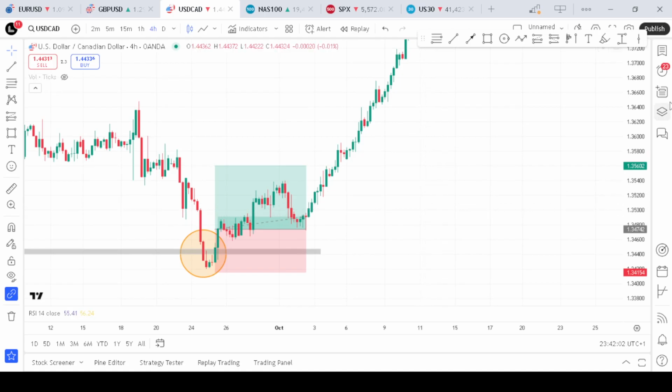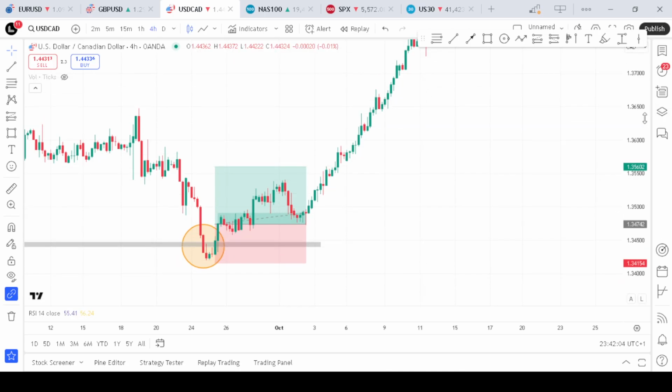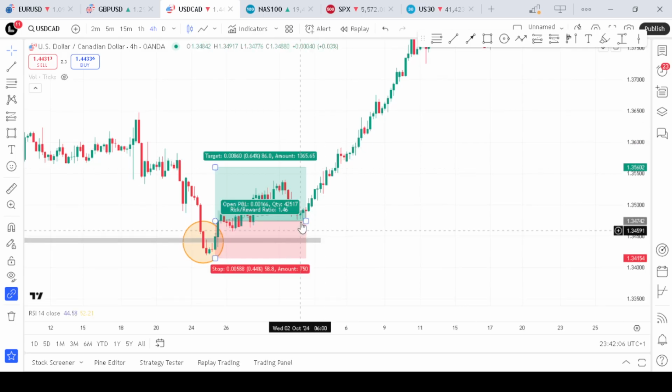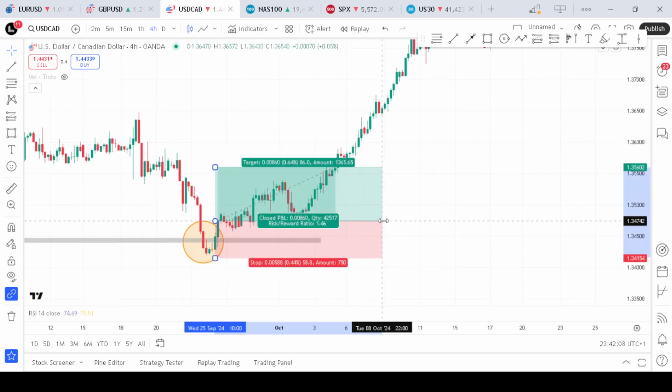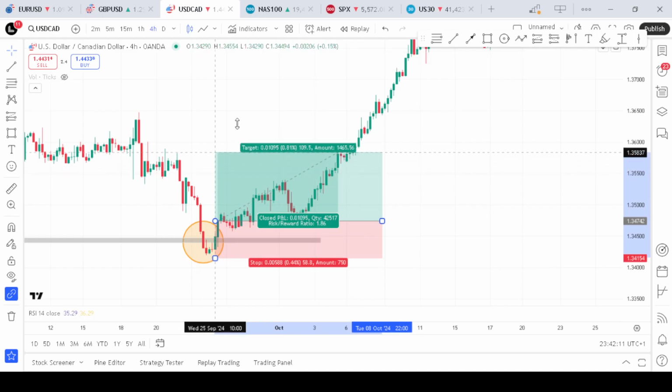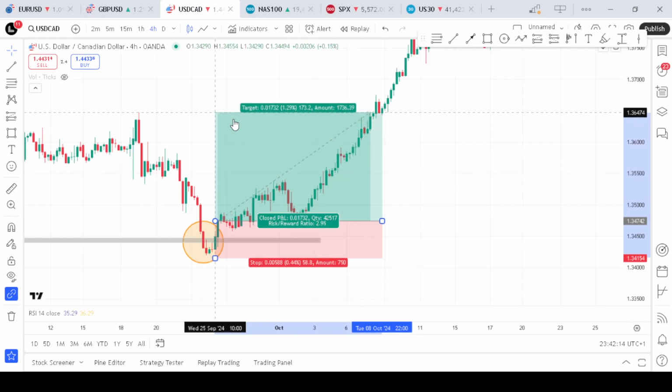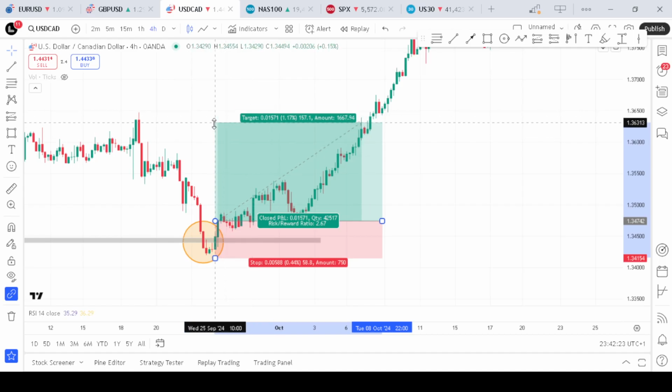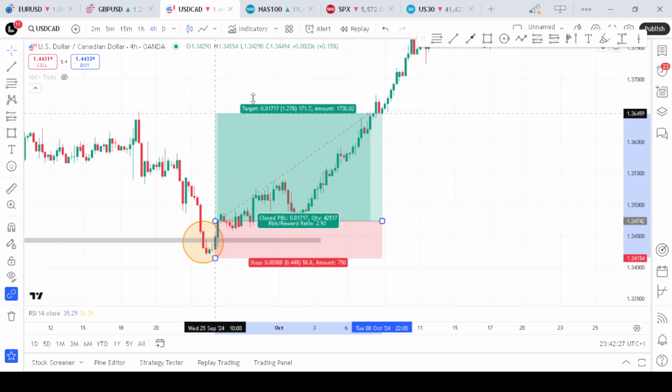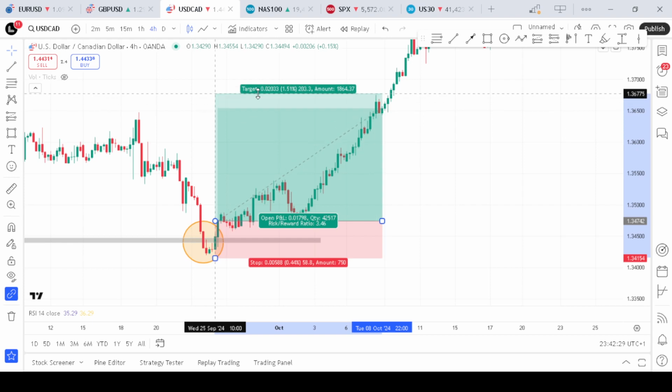This means if you are using a stop loss of 20 pips, our profit target should be at least 40 pips to be considered. We have to consider using multiple take profit targets. We can use our first profit target at 1:2 and take out a portion of our trade, and the second profit target at 1:3, where you will take another portion of your trade.